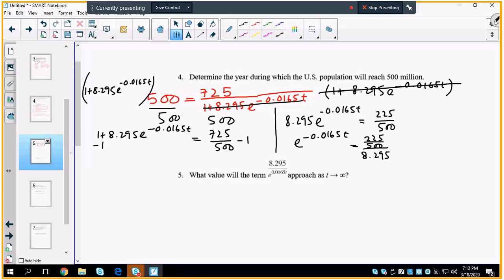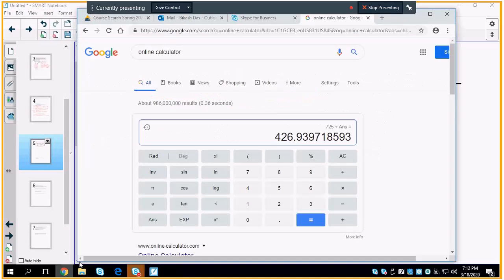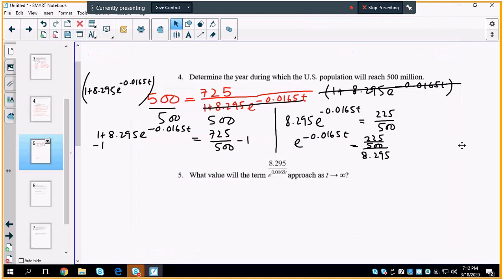For simplicity of the problem, I want to simplify this number first and round it to 4 decimal places on the right hand side. So I have 225 divided by 500, and then I'm going to divide it by 8.295 and round to 4 decimal places. So I get 0.0542. This is the right hand side.